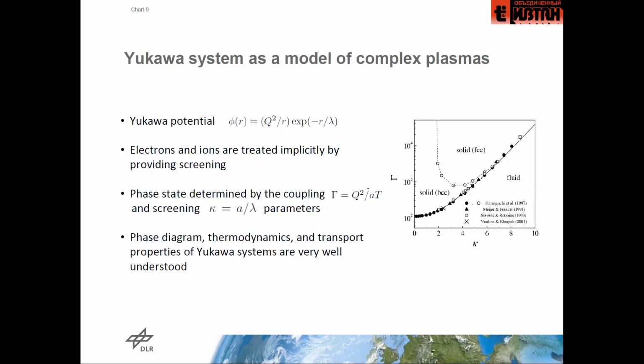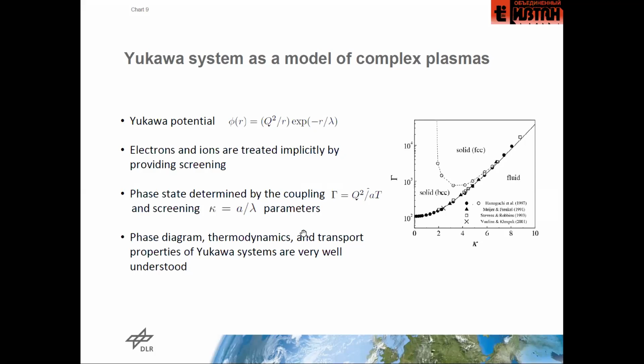I start this part of the talk with a brief description of the Yukawa system as a model of complex plasma. Yukawa systems are systems of point-like particles interacting via the Yukawa potential, or Coulomb screened potential. In this treatment, electrons and ions just produce screening and are not treated explicitly.